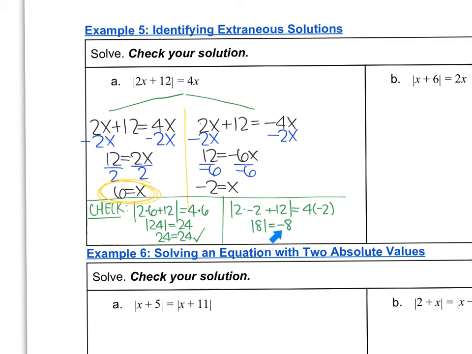Can the absolute value ever equal a negative? It's a hard no. We cannot have the absolute value equal to a negative. So automatically, I know that this solution does not work, and that's a big no. So my only solution here would be x equals 6. If you tell me that x equals negative 2 is a solution, you're wrong. It's an extraneous solution.